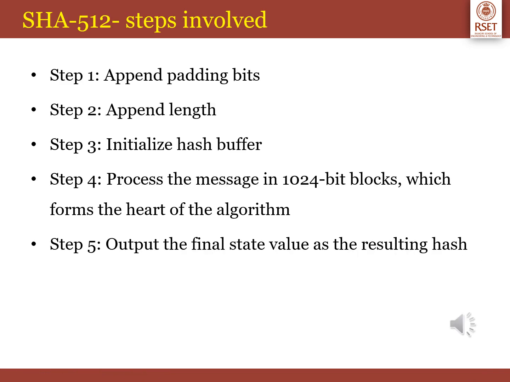There are basically 5 main steps for any SHA algorithm, that is, secure hash algorithm. The first step is appending padding bits, the second is appending length, the third is initializing the hash buffer, processing messages in 1024-bit blocks comes as the fourth step, and the fifth step is the final stage, the hash value.